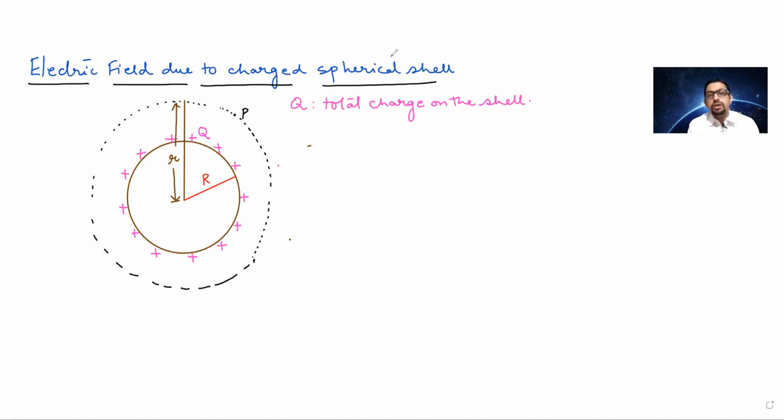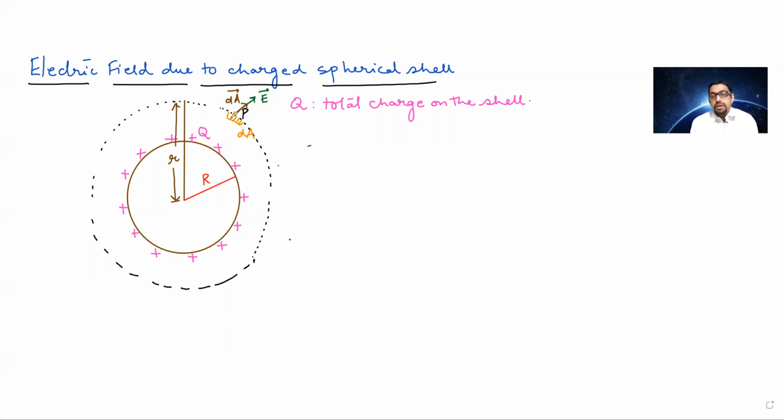So at the point P, we have the electric field radially outward because the shell is positively charged, and if we draw an area dA, then the perpendicular to this area, as we know, is the area vector. Right? Now let us apply Gauss law.